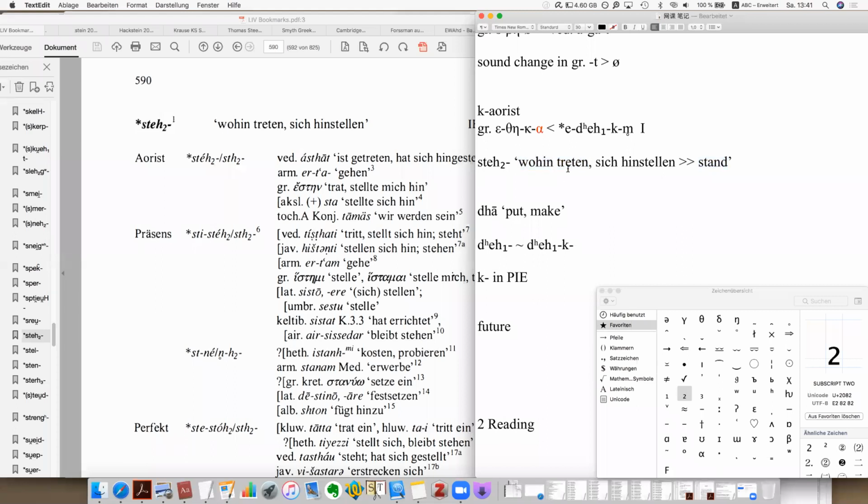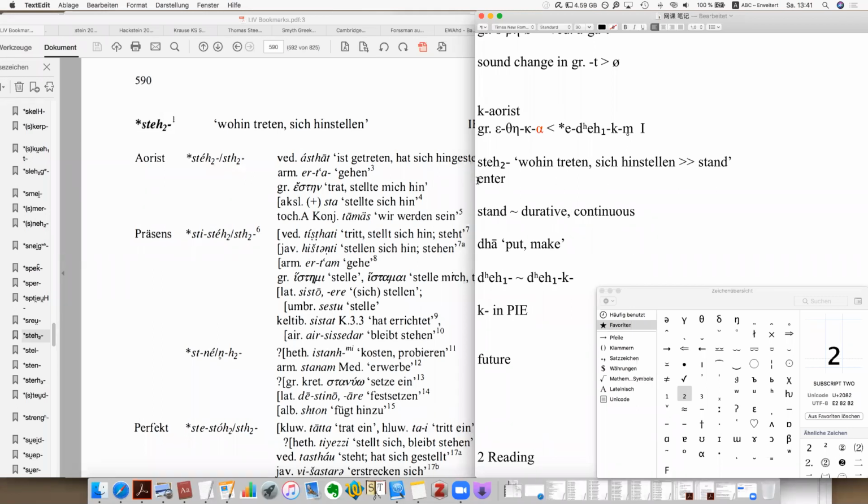So it means to enter into some place, and you put yourself into some place, and then stand. So what is the difference? Stand has a durative meaning, right? So you stand there, and this is continuous.